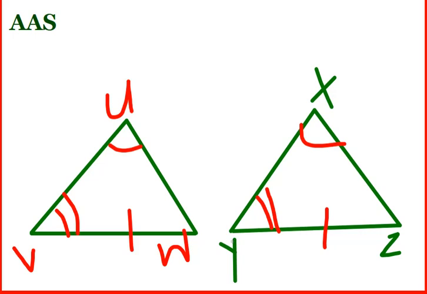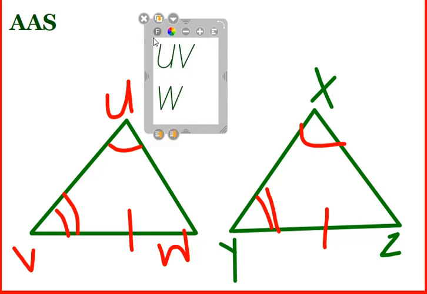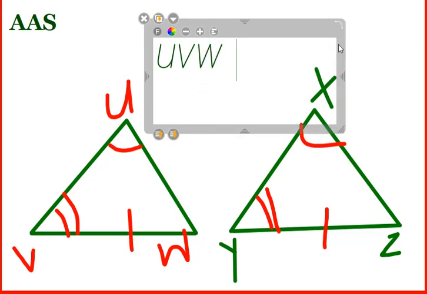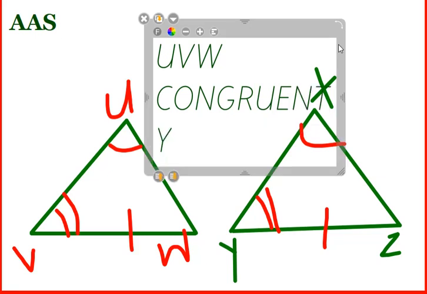And note that the order of letters when labeling congruent triangles is very important. You cannot say triangle UVW is congruent to triangle YZX.